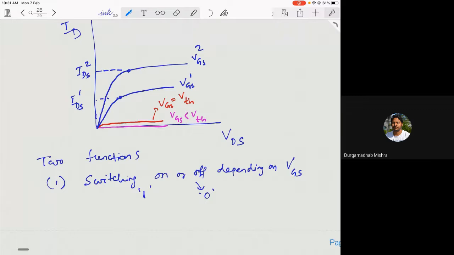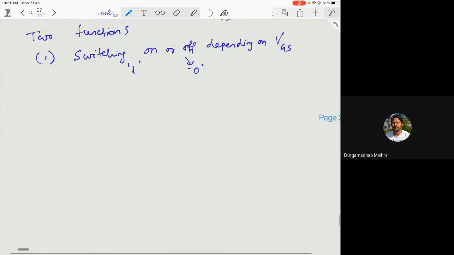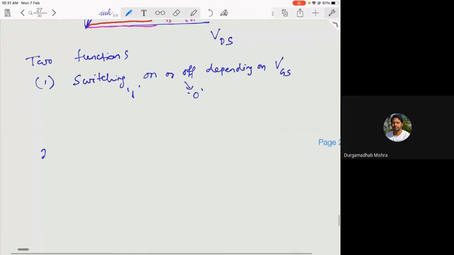Then you can perform logic operations using this device. Another thing it is also doing is amplification, which is also possible like a normal transistor.